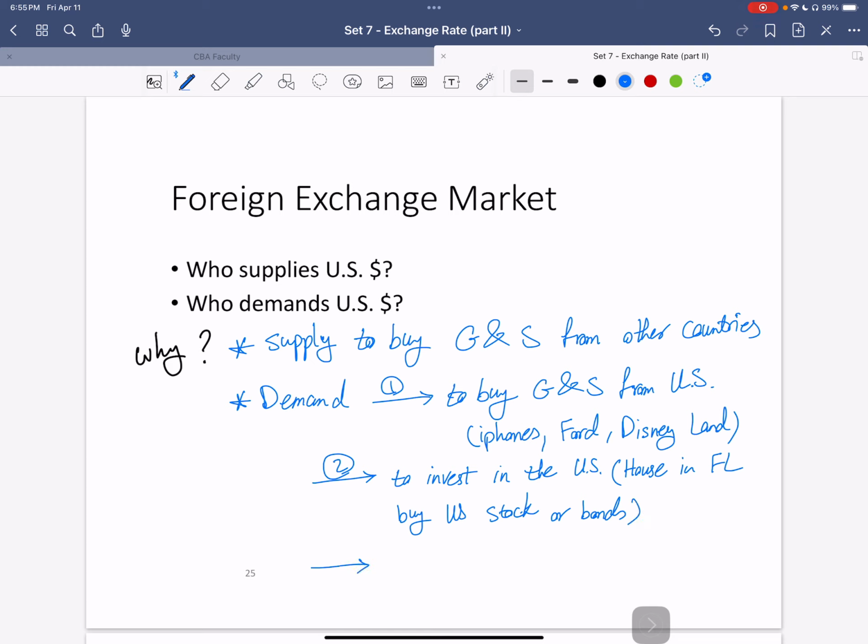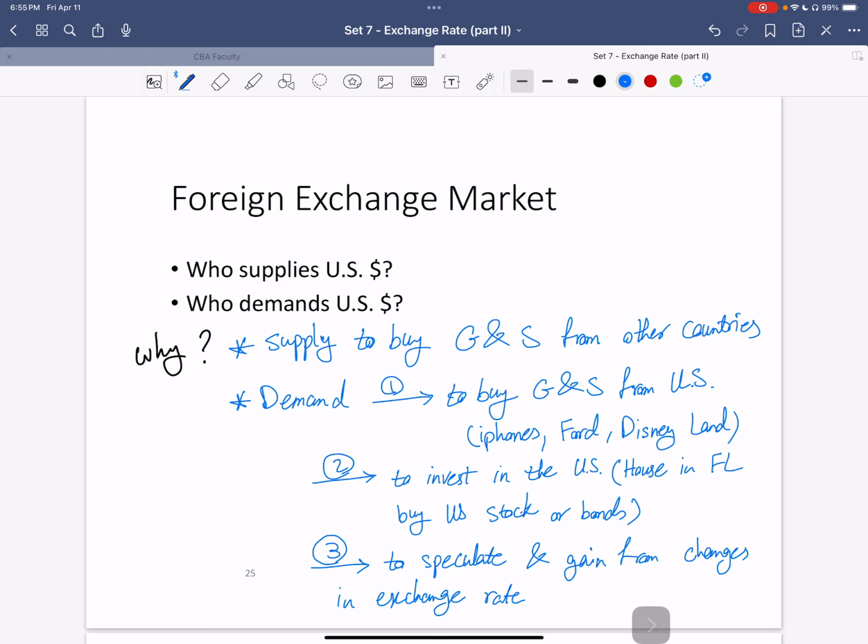And the third reason for this demand to exist is to speculate and gain from changes in exchange rate.